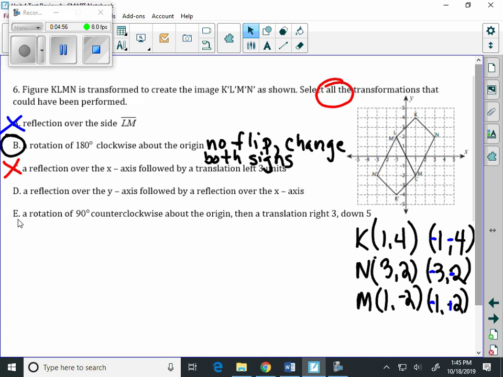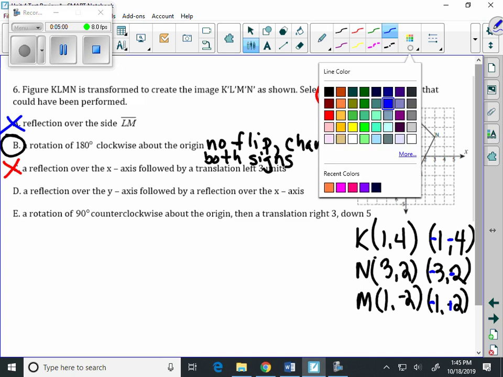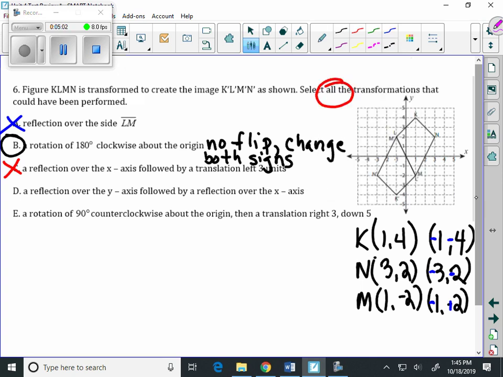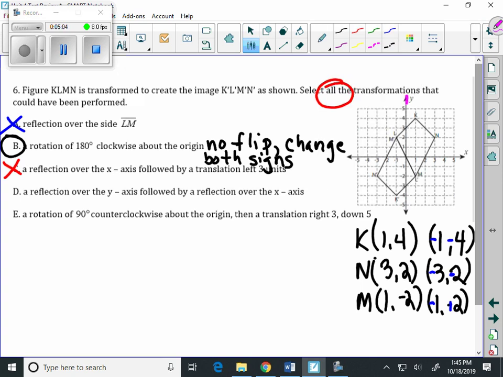Letter D, a reflection over the y-axis. Here's our y-axis. And I'll start with point K, and point K is one space away from that, so our new K would be here.